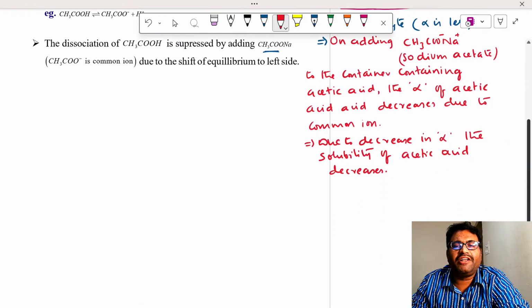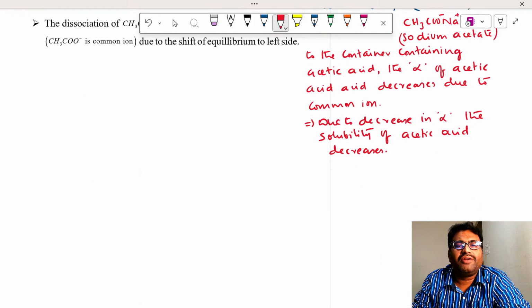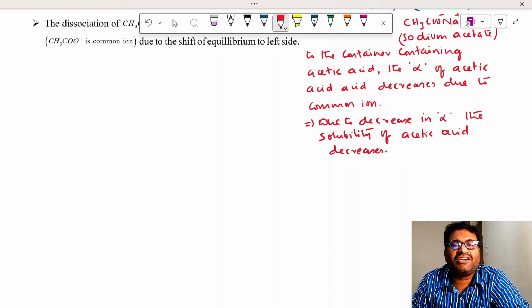So this can also be explained based on Le Chatelier's principle, or the factors affecting the equilibrium position. Okay, so let us see.